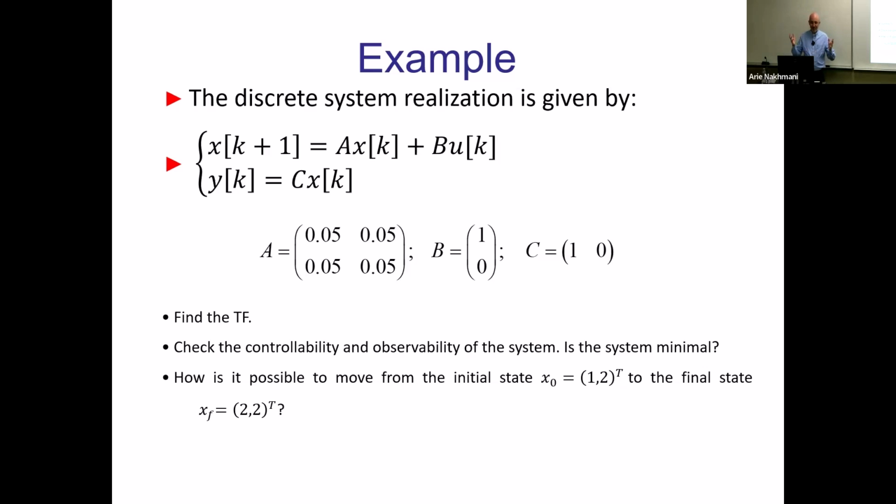And then just find how to get to a particular final state. And I want to show you something relatively interesting from the computation itself, because the solution will be a little bit weird. But we will see.